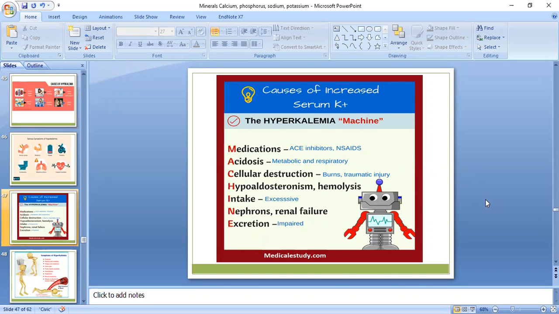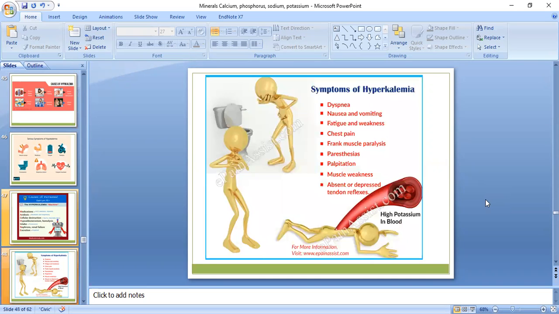Medications like angiotensin converting enzyme inhibitors and NSAIDs, acidosis, both metabolic and respiratory, cellular destruction like in burns and traumatic injury, hypoaldosteronism and hemolysis, excessive intake of potassium, renal failure, and impaired excretion. The symptoms of hyperkalemia are dyspnea, nausea and vomiting, fatigue and weakness, chest pain, muscle paralysis, paresthesia, palpitation, muscle weakness, absent or depressed tendon reflexes.